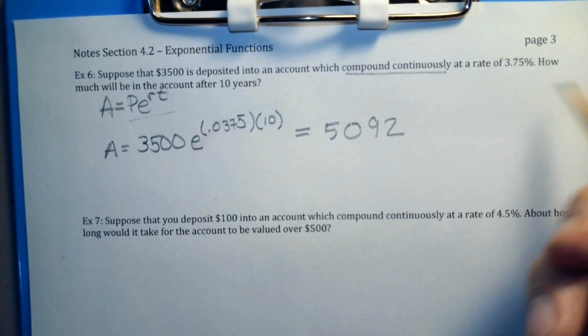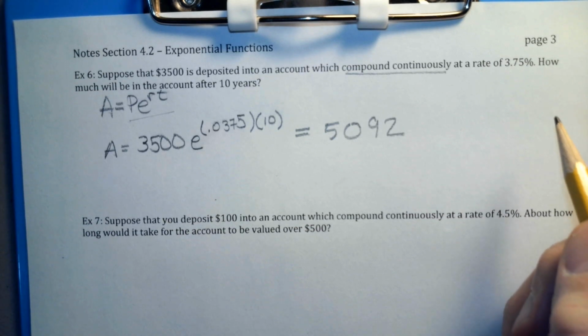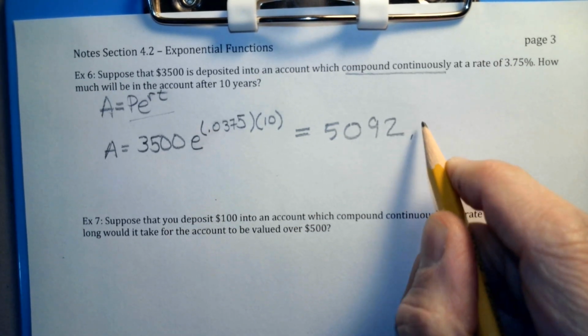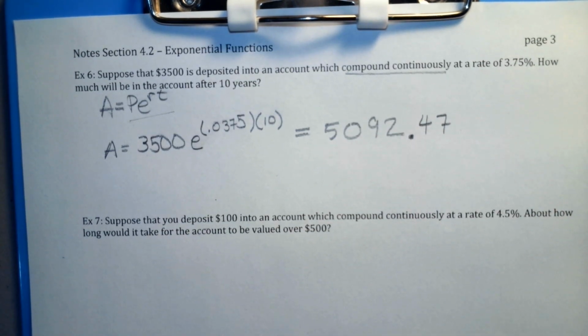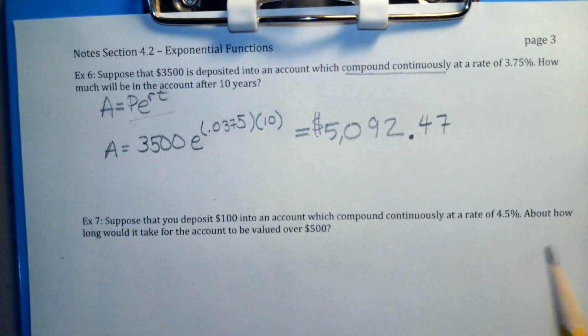Again, it doesn't say what to round to, so let's do it to the nearest penny. So $5,092 and 47 cents.